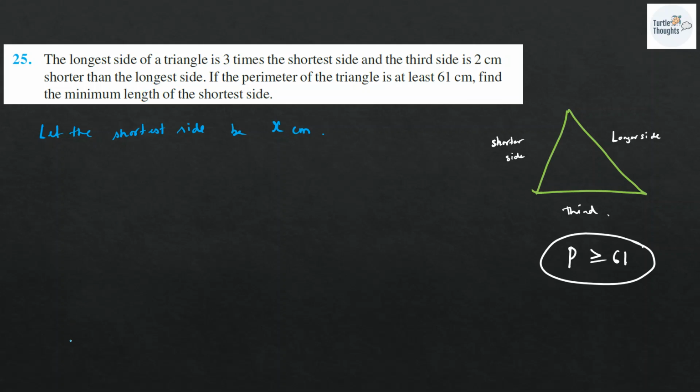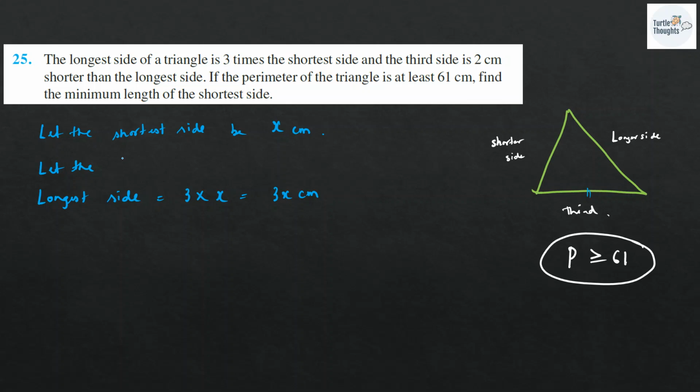So how much is going to be the longest side? The longest side of the triangle is 3 times the shortest side, right? So the longest side is going to be 3 times x, which is 3x centimeters. And how about the third side? The third side is the side in between the shorter side and the longest side.